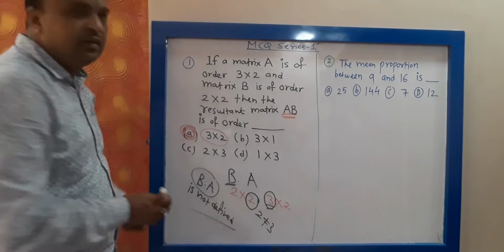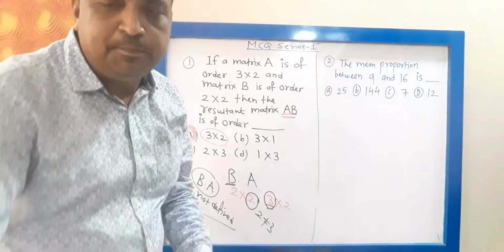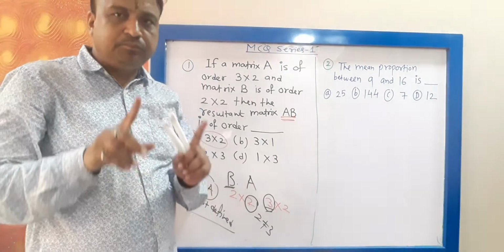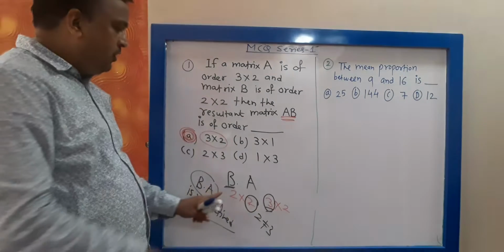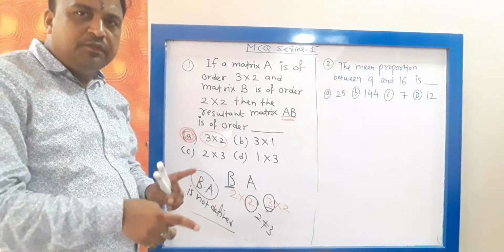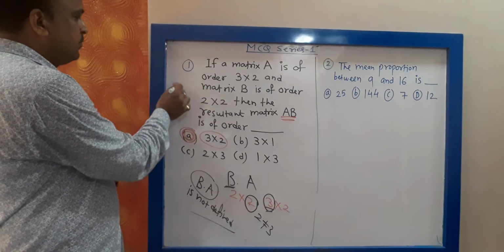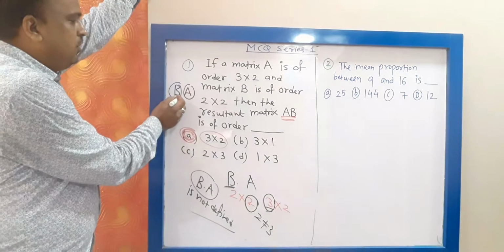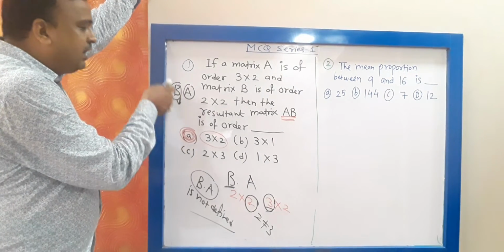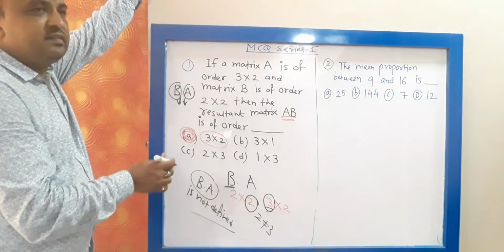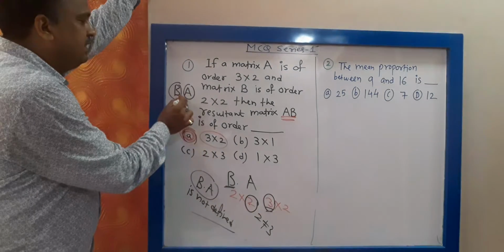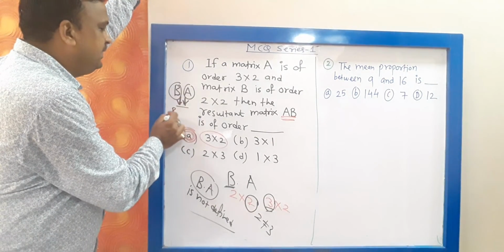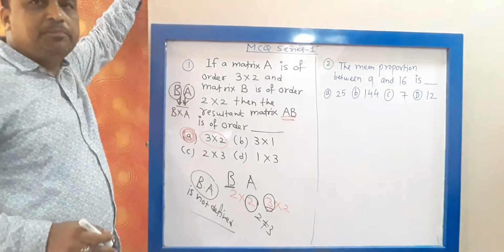Is it clear? So matrix multiplication is possible only when the number of columns of the first matrix is equal to the number of rows of the second matrix. I have written BA, so B is my first matrix, A is my second matrix. Only then is B dot A defined.